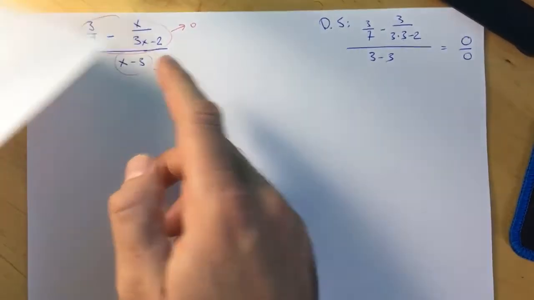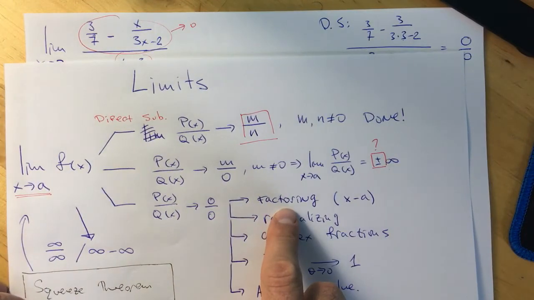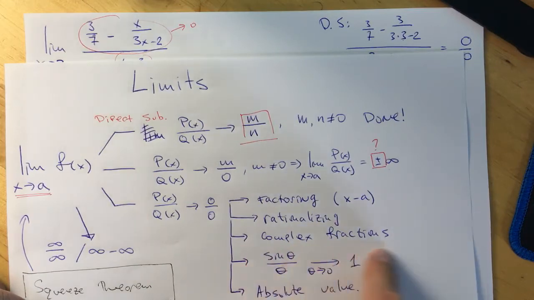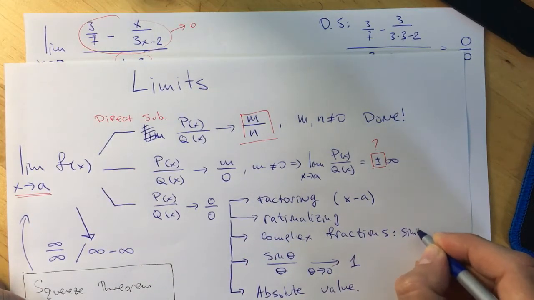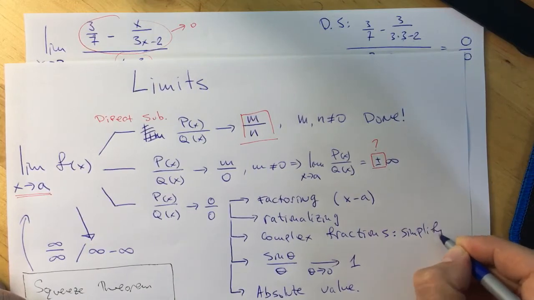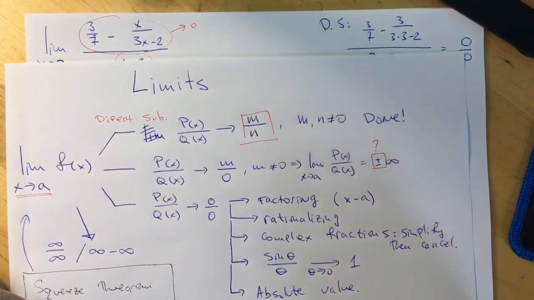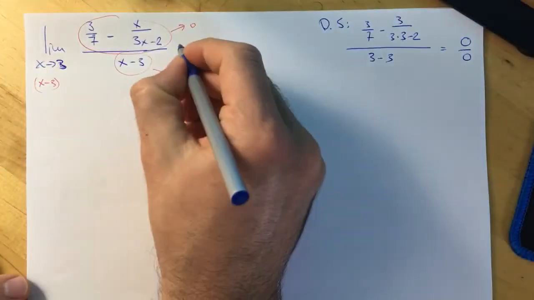Now we have to simplify, so you get 0 over 0. Right away factoring is not the option here. First we are dealing with complex fractions, so first simplify, then cancel. So how are we going to simplify this?